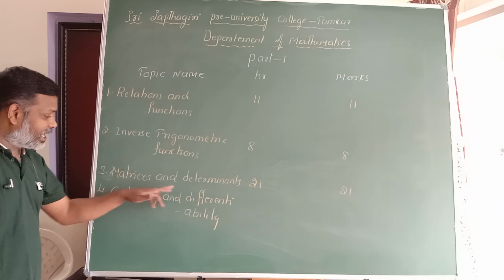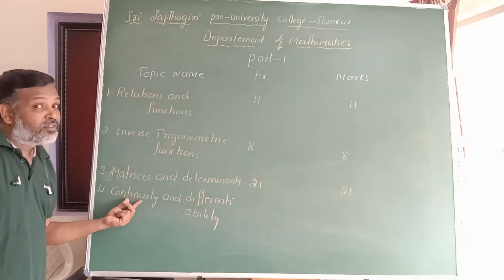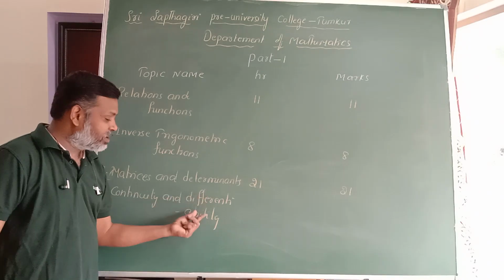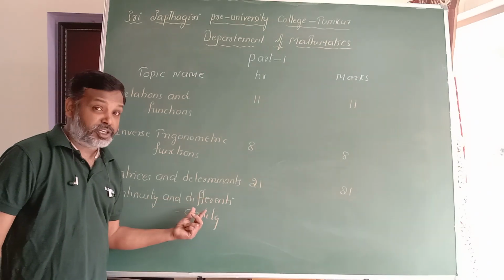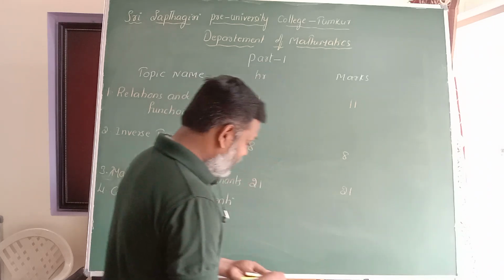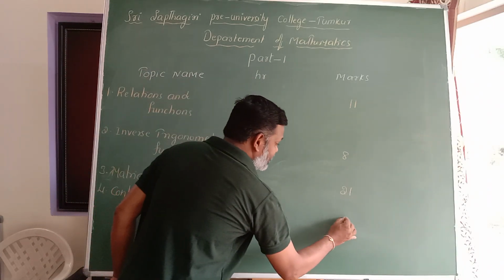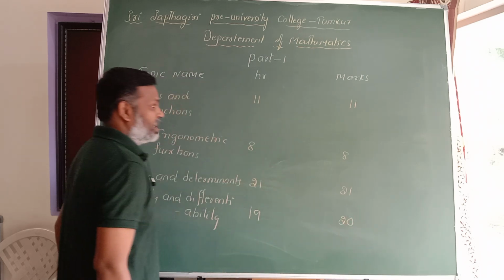Continuity is a continued part of limits, and differentiability is a continued part of differentiation from first PU. This is 19 hours of teaching and carries 20 marks in an examination.